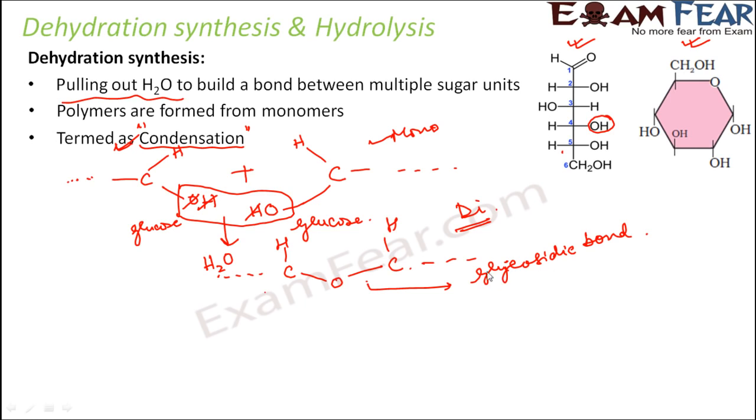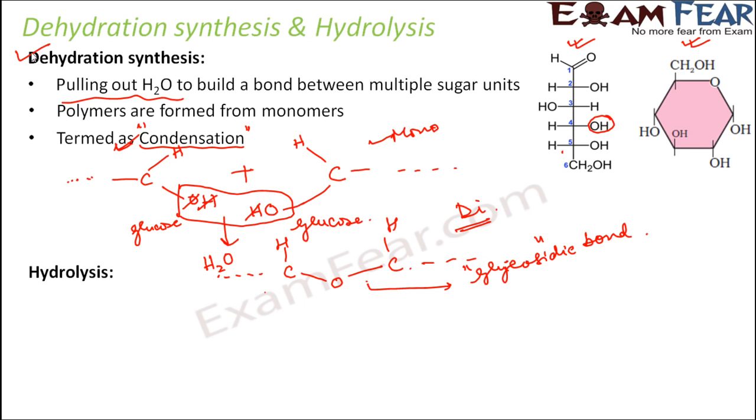It is just that everywhere the type of bond which is formed will be different. So here this bond is known as glycosidic bond. That is because glyco is related to glucose. Glucose is carbohydrate. So that means it is glycosidic bond. Now if you understand this process of dehydration synthesis, then I don't really need to explain much about hydrolysis. Hydrolysis is just the opposite of dehydration synthesis. In this process, we break the bigger molecule, or we break the polymers, back into monomers.